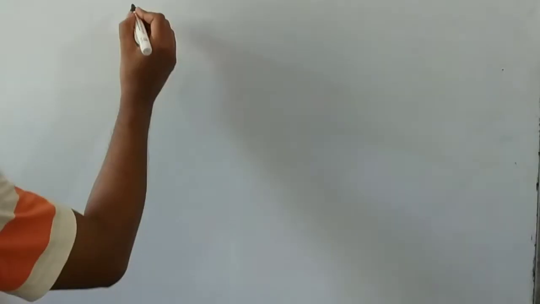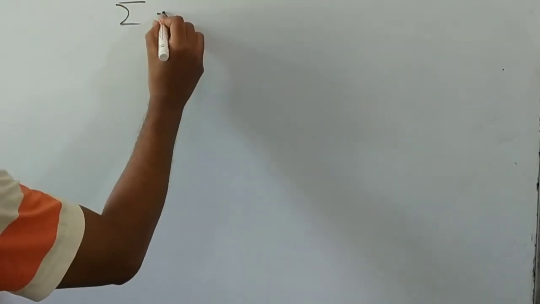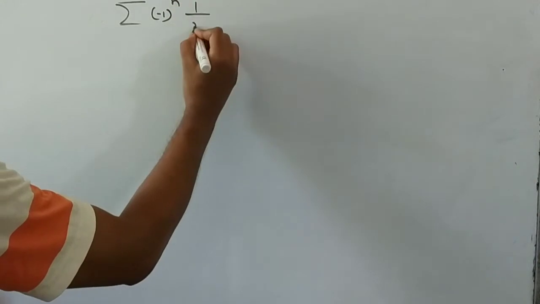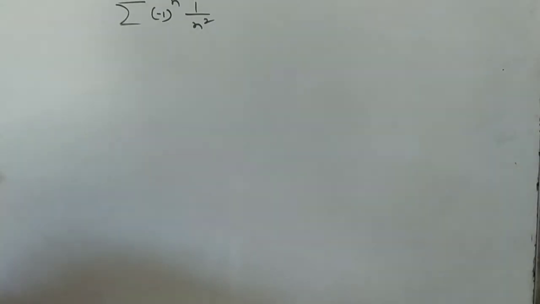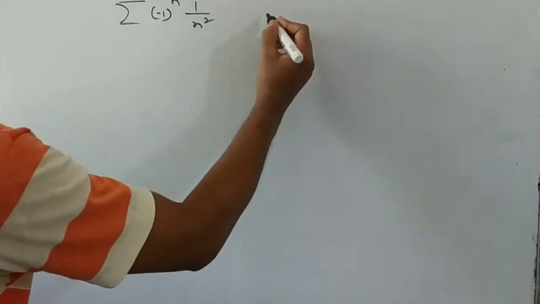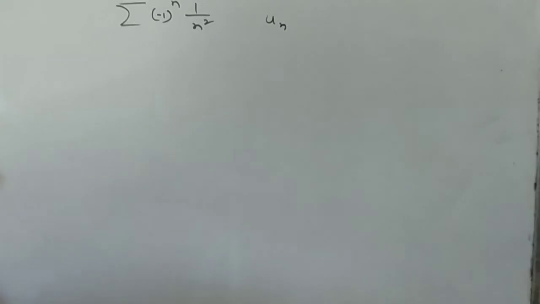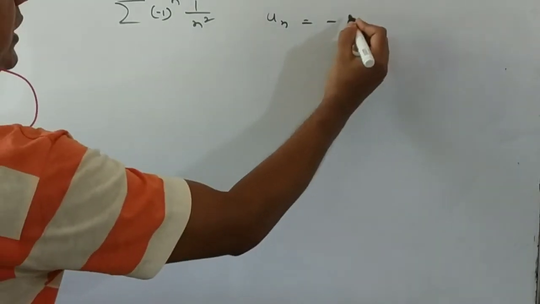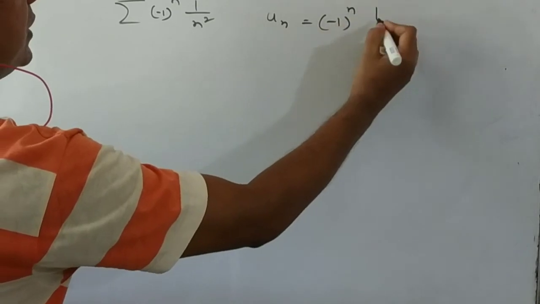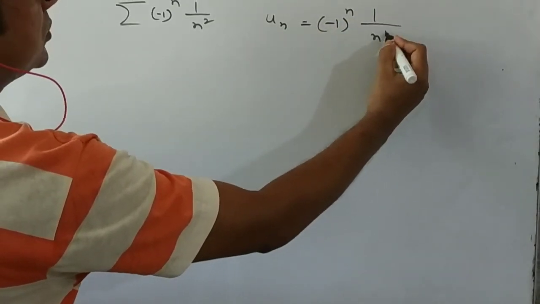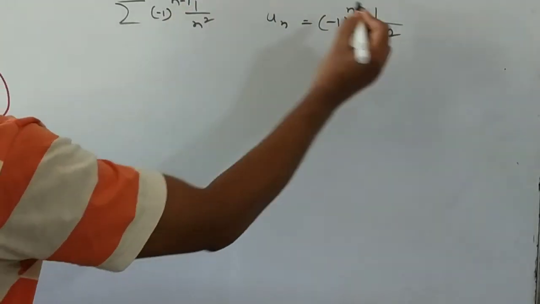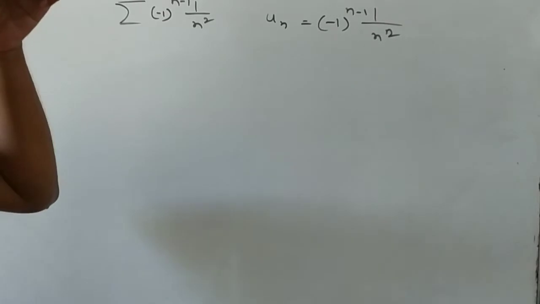If we consider summation of minus 1 to the power n by n square, here un equals minus 1 to the power n by n square.